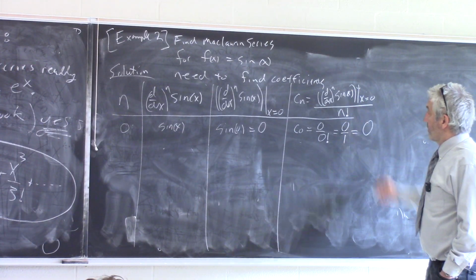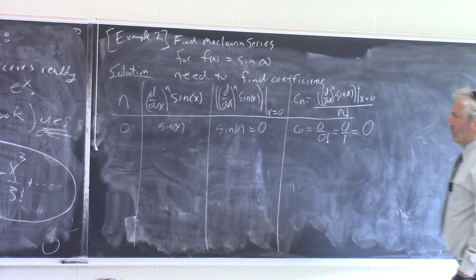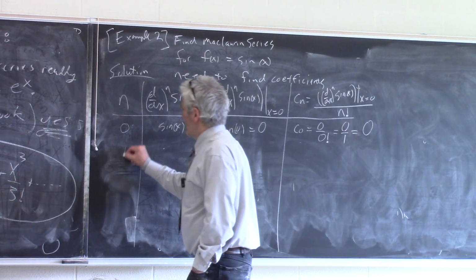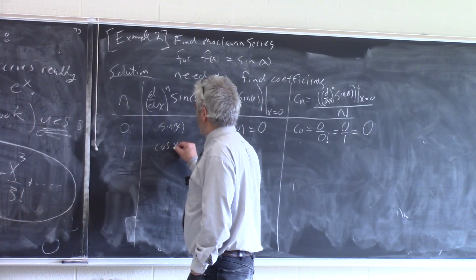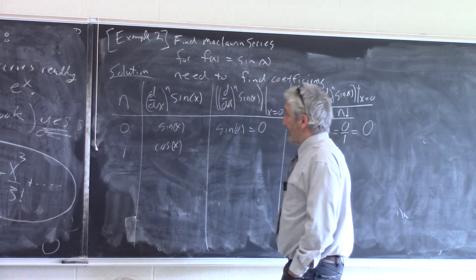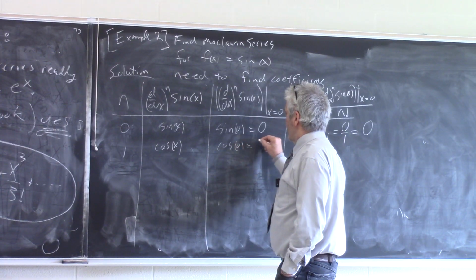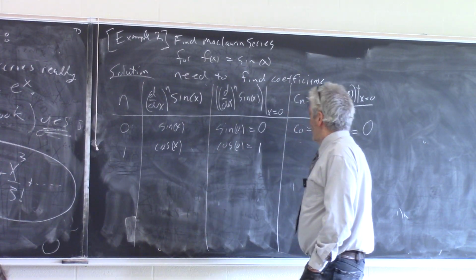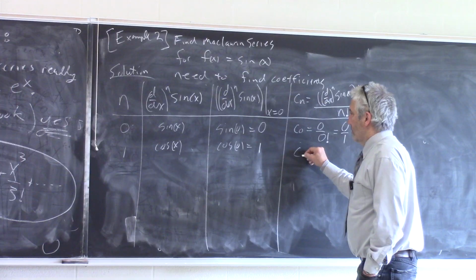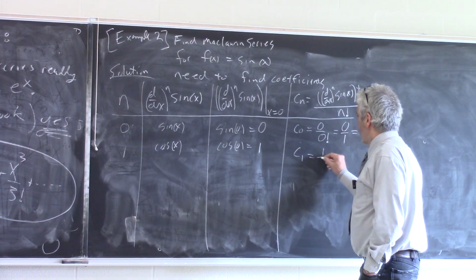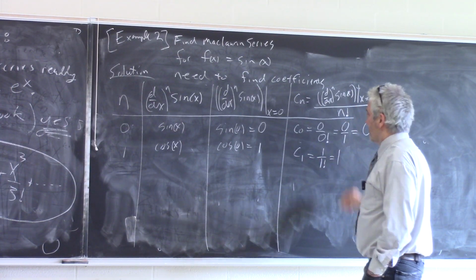So that's the number 0. When n is 1, I take one derivative, I get cos x. So cos 0 is 1. So C1 is going to be 1 over 1 factorial, so that's the number 1.